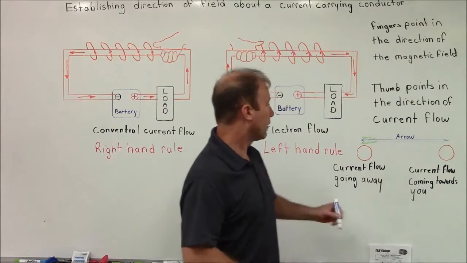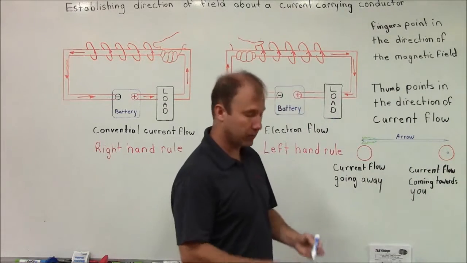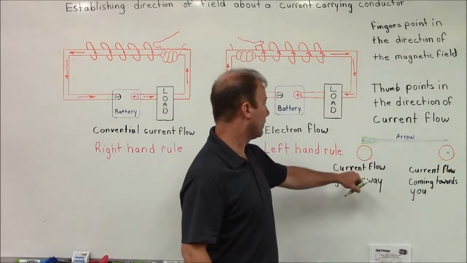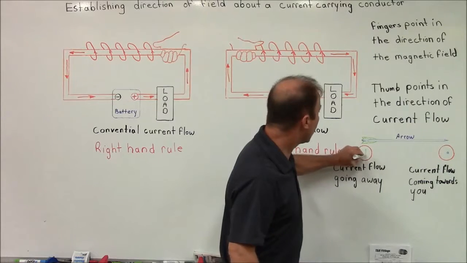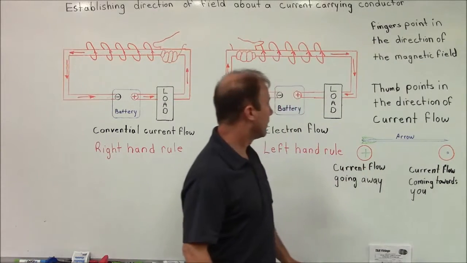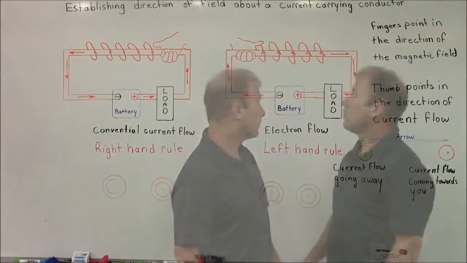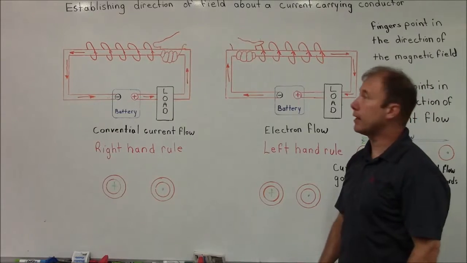So if the current flow is coming towards you, it's like the arrow head is coming straight at you. And if the current's flowing away, then it will look like an X, and that would be the feathers of the arrow.